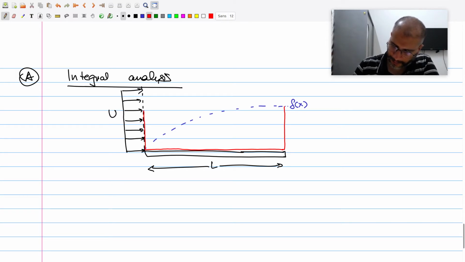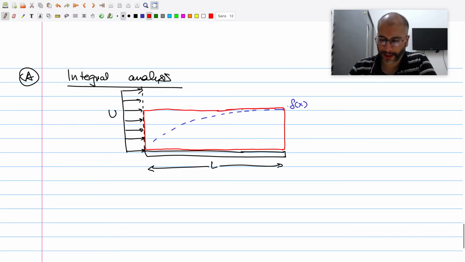And there's a strong urge to choose this control volume as a rectangle.